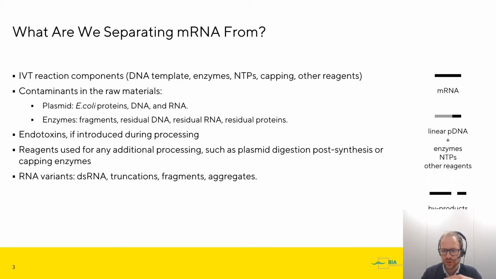But we may also have to remove any other process-related impurities coming from the actual process of producing the plasmid that is used as a template. Plasmids are typically produced in E. coli. Therefore, there may be residual proteins, residual DNA, and even residual RNA present from E. coli host cell organisms.